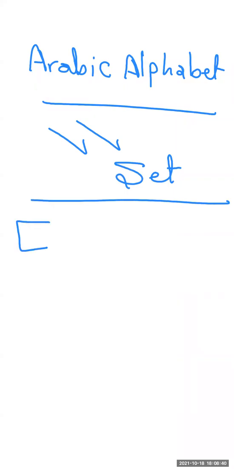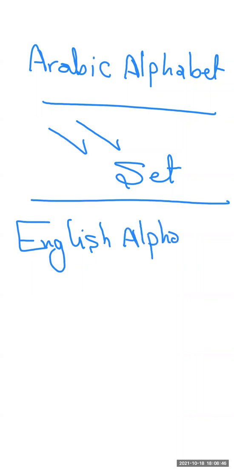Also, the English alphabet. Yes, it's like the English letters: A, B, C, D, E, F, G, H, I, and so on. So it's well known, clearly defined, so it's a set.